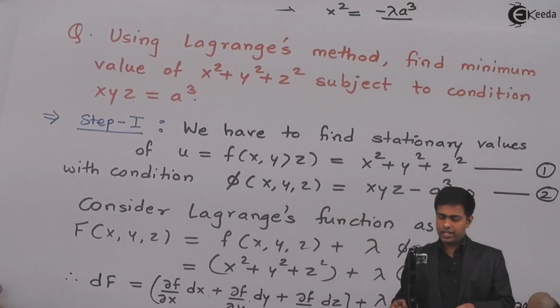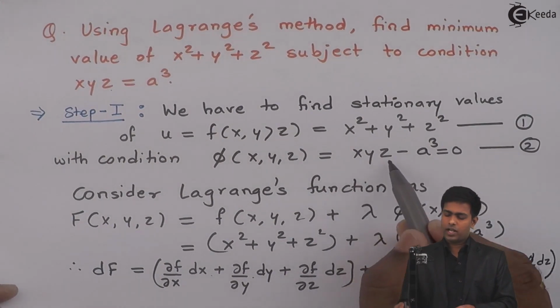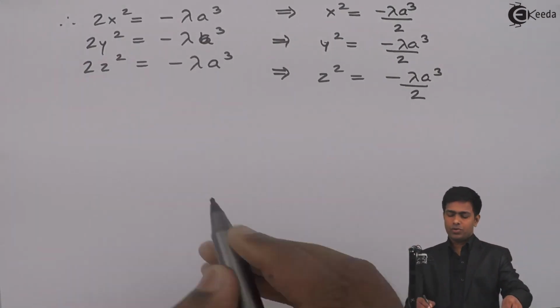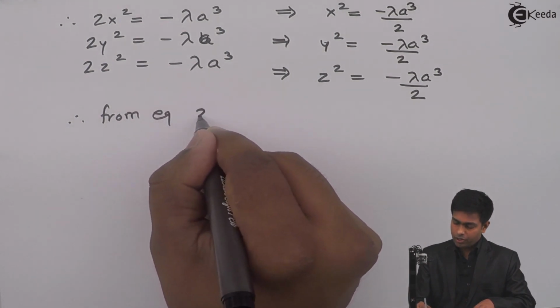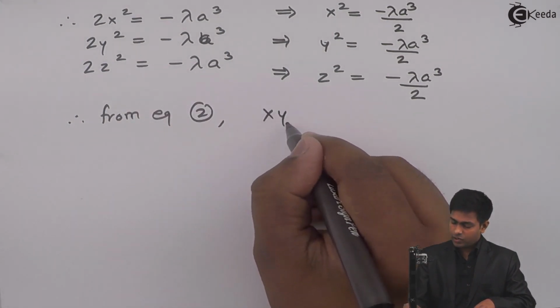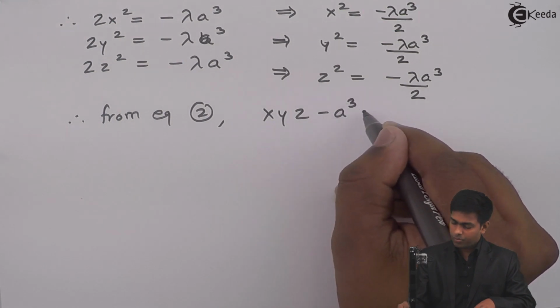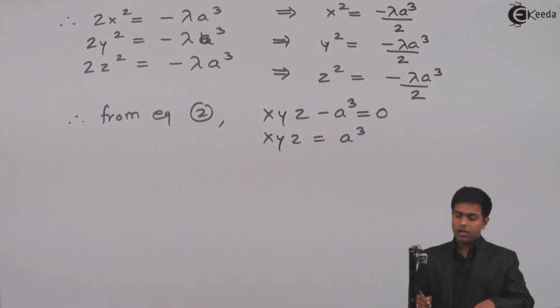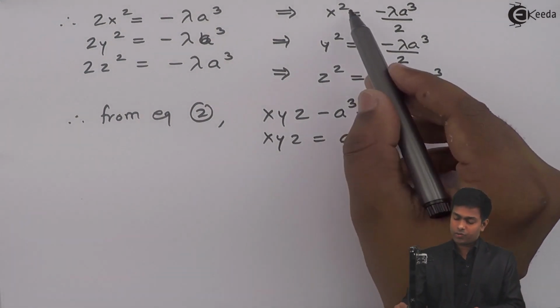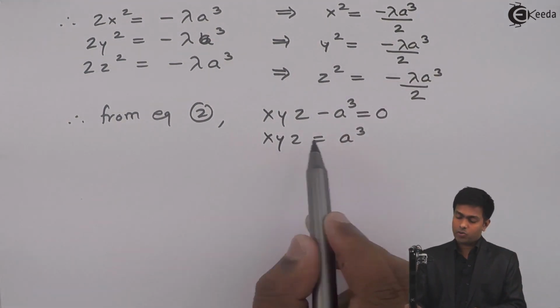So this is equation number 2, that is xyz minus a cube equal to 0. Therefore from equation number 2 we get xyz minus a cube equal to 0, or xyz is equal to a cube. But since we have the values of x square, y square, z square, I'll take square on both sides.